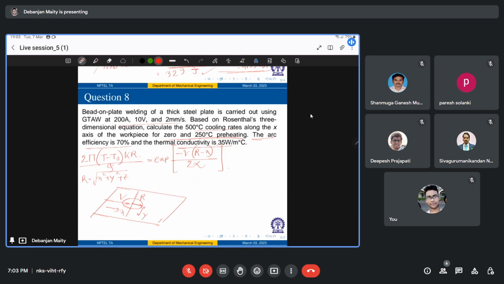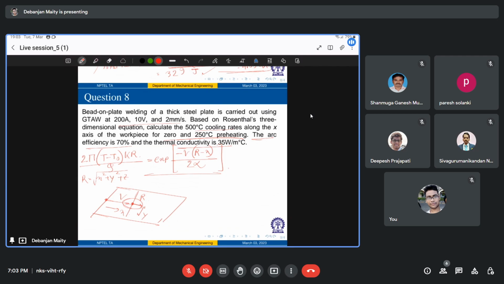So let's say this is your coordinate system. The electrode tip should be your global coordinate system, right? So this is for your three-dimensional equation. Now can we do the numerical?